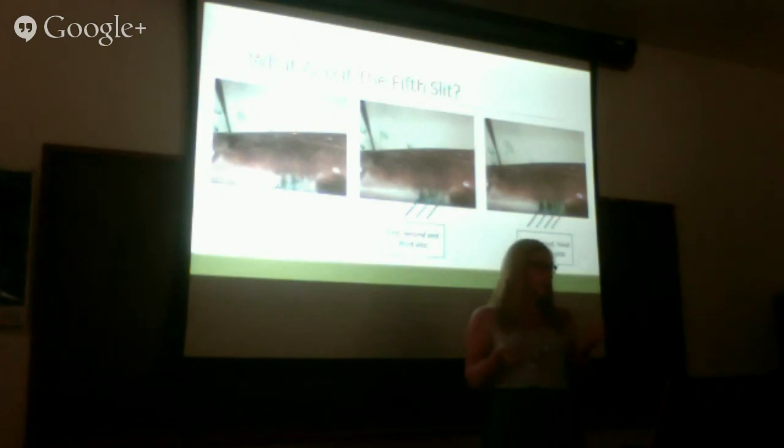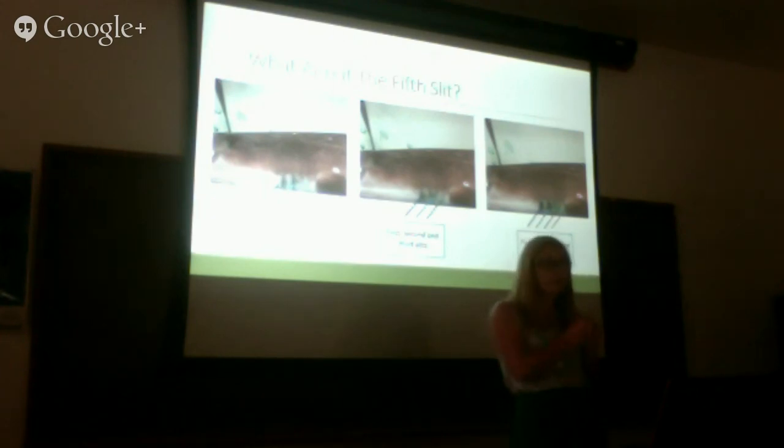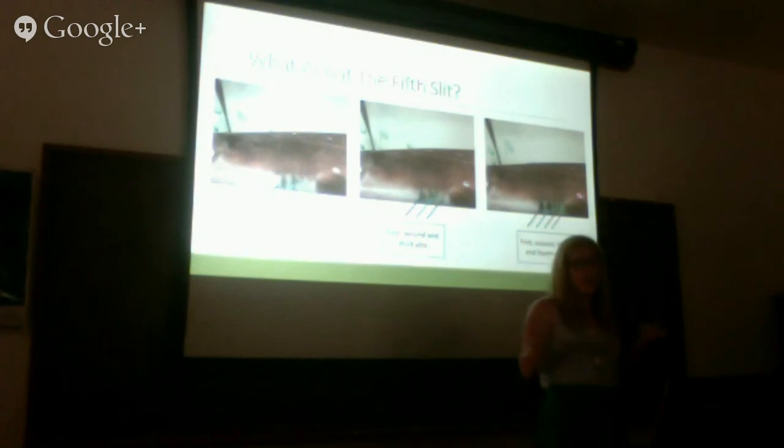So the use of dye is obviously interesting because it gives an interesting look at which slits are releasing water and which ones are not. But it might also be interesting to take a closer look at how these slits are actually working in terms of flow velocity.